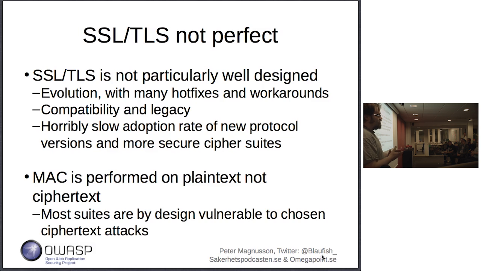And that's something which the protocol is living with and trying to mitigate in small fixes. And until people move on to the new cipher suites, we will be living with more or less severe versions of those flaws.